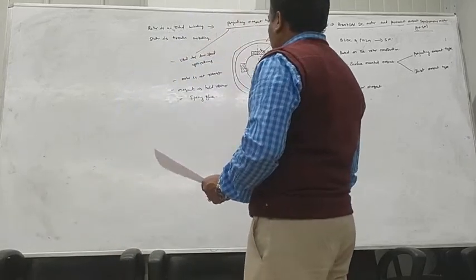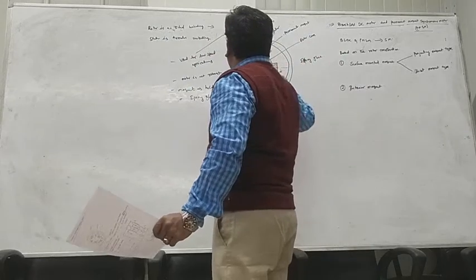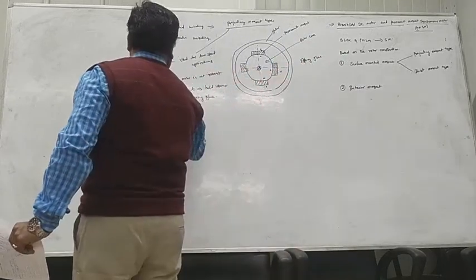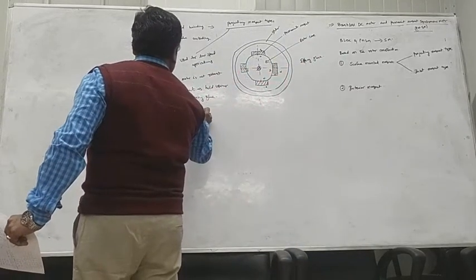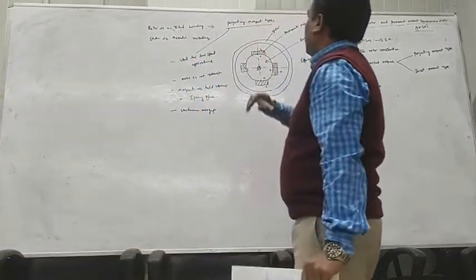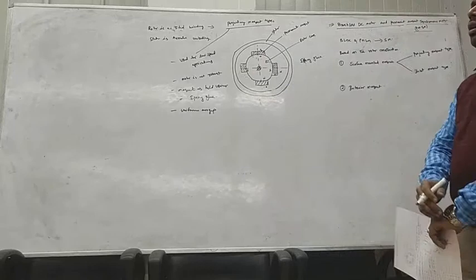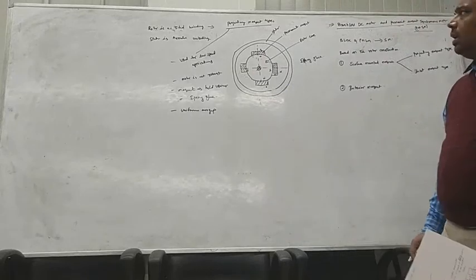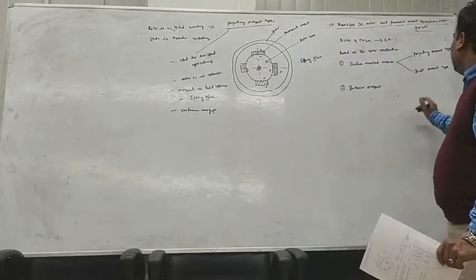And here the thing is, it maintains a uniform air gap. The air gap is uniform in the projecting magnet type. And the next one is the inset magnet type.